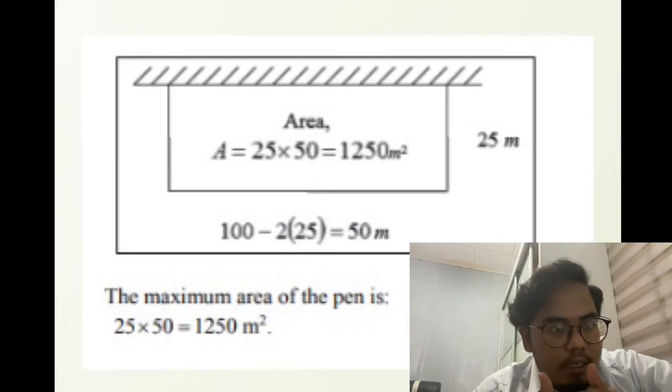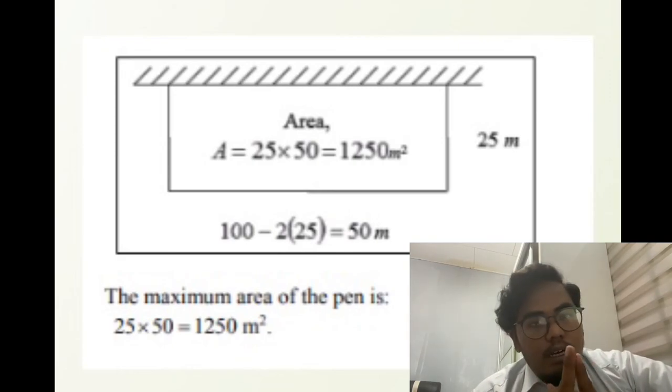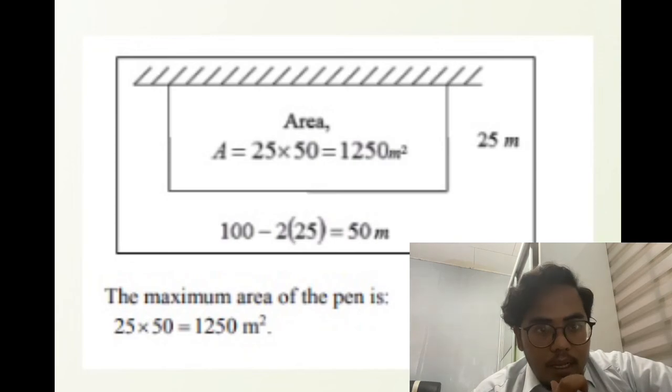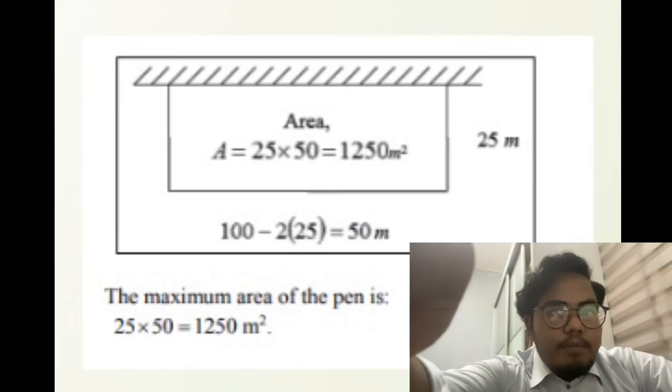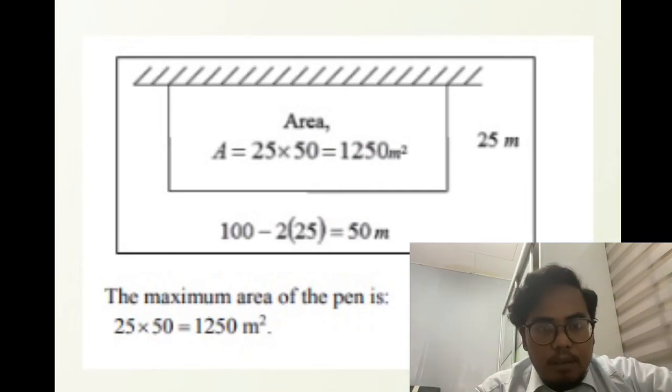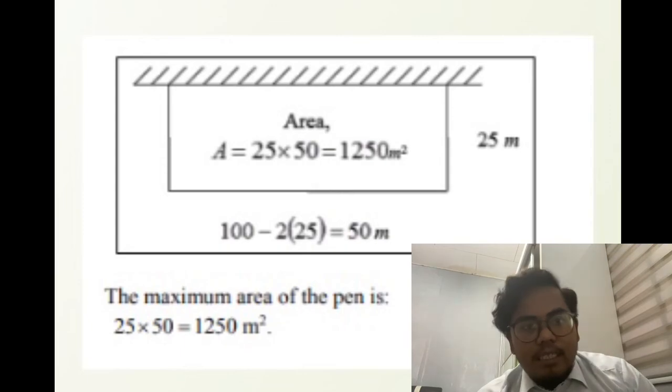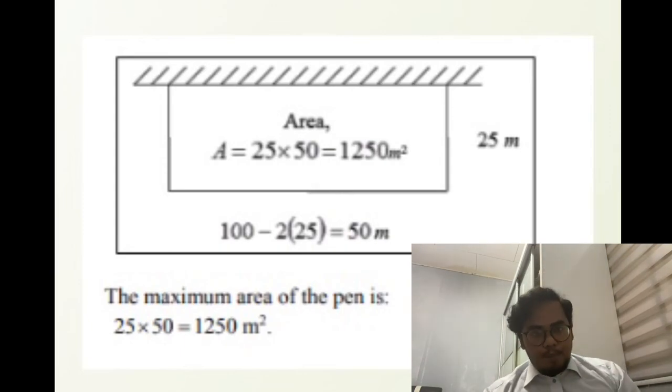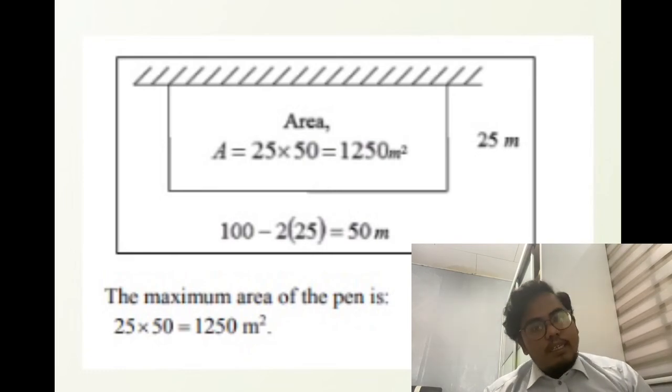How do we find the area? 25 multiplied by 50, we got 1250. So that is the maximum area of the pen. Thank you.